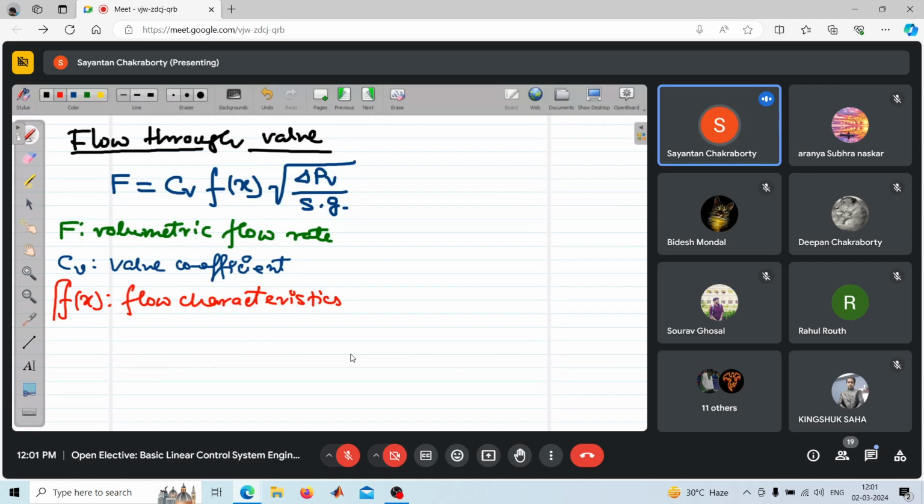Again, delta Pv is the pressure drop across the valve.